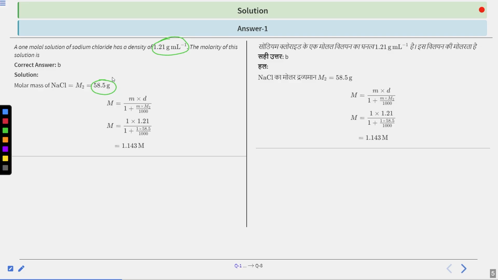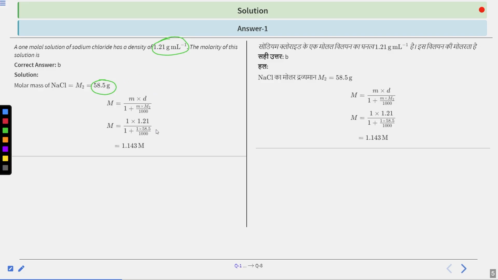Now you can use that 1000 plus 58.5, which is 1058.5, to calculate the volume, because this is your mass, and mass per unit volume is density. So volume is equal to mass by density, that is 1058.5 by 1.21.